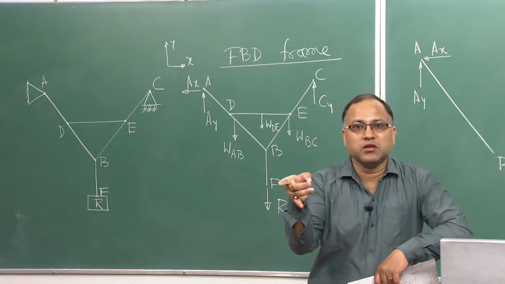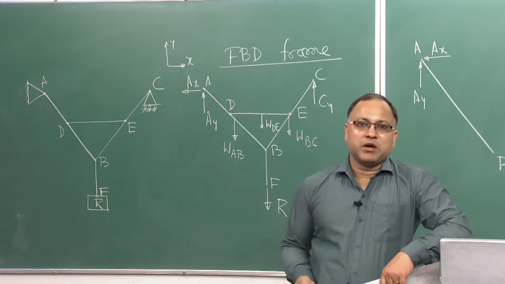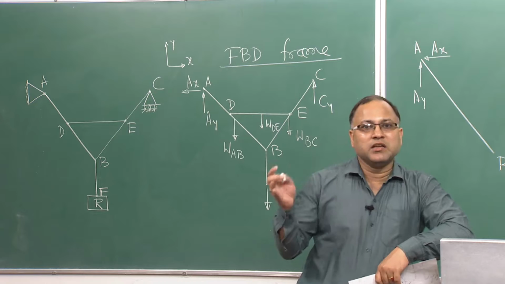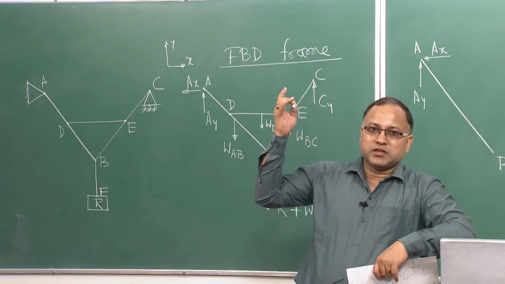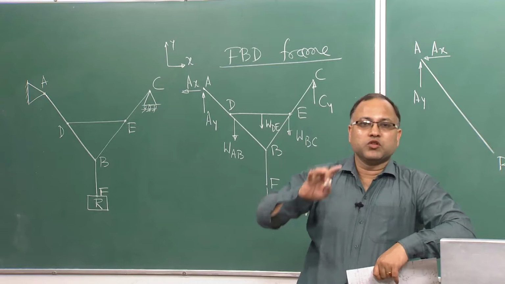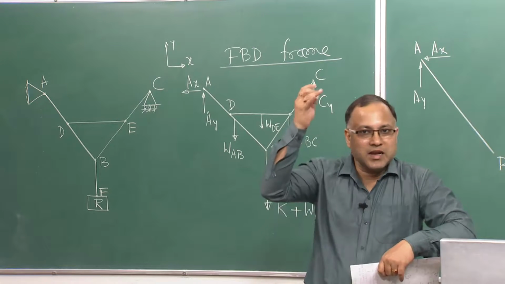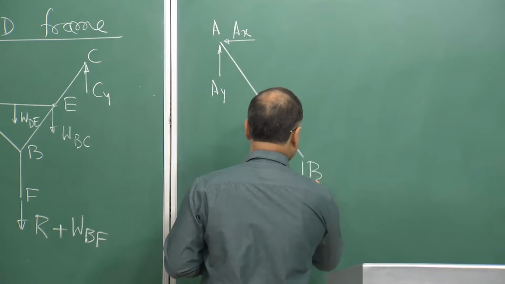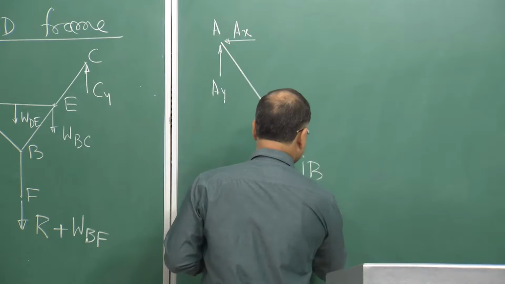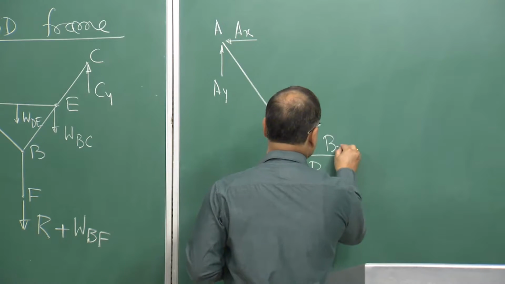It may be along AB, it may take some other direction, the line of action of the force is not known, but I can resolve that force in 2 components, one along the x direction, another along the y direction. So, that I can simply show by Bx and By.